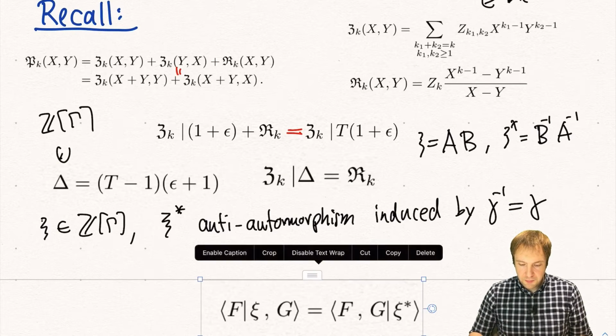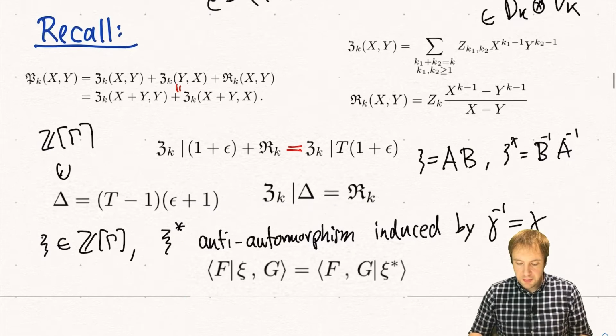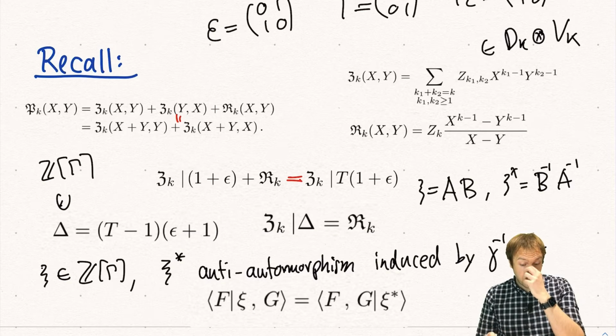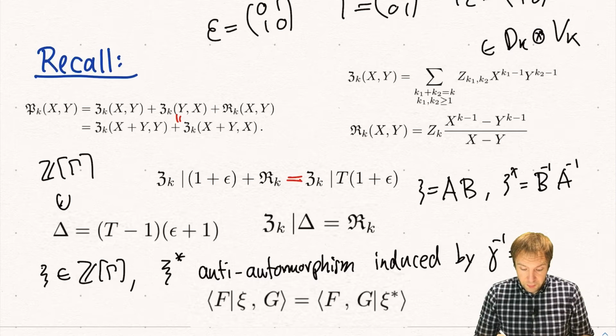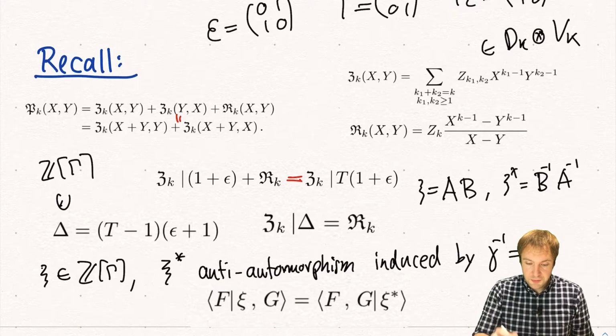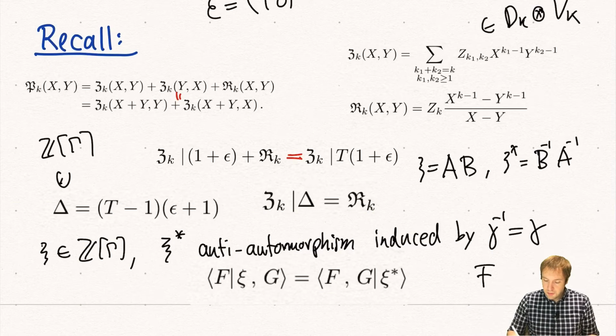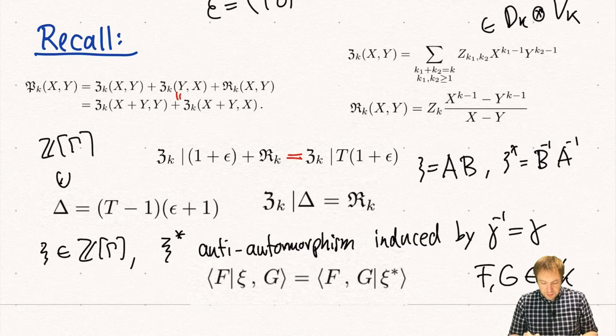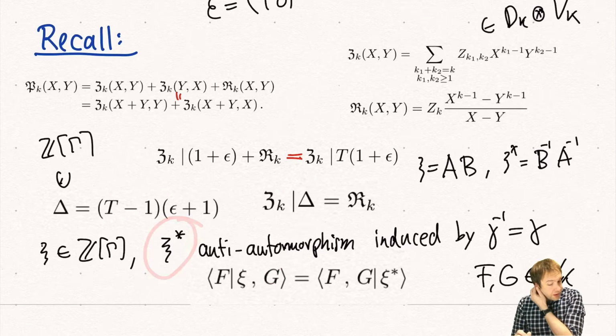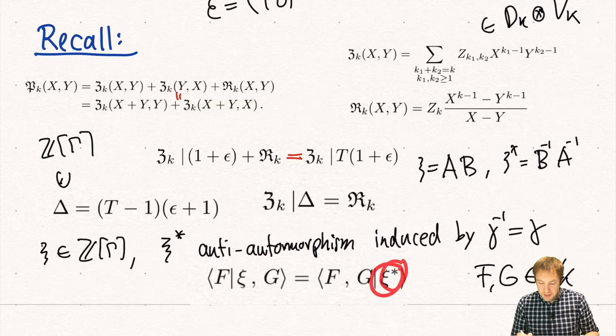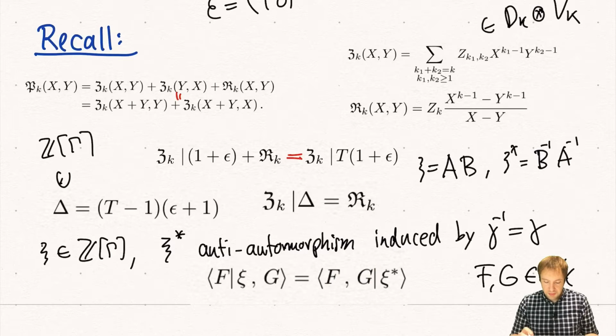And then the statement is that, using the gamma invariance of this pairing, we see that whenever f and g are in V_k, if I have the pairing of f where I slash this xi and take the pairing with g, then I can take this adjoint action and let it act on the right of g, and I remove it here from the f.